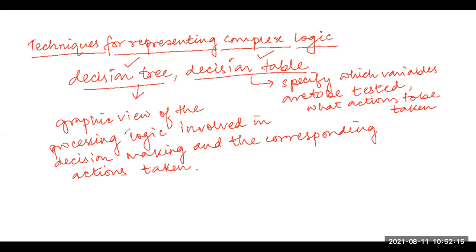One will specify the overall view of the system and the logic which needs to be performed, and the other will specify, based on the logic shown by the decision tree, what test cases need to be formed in order to comply with this logic, how the test cases will be formed, and in which order they will be executed. These are the two techniques used to represent complex decision logic.